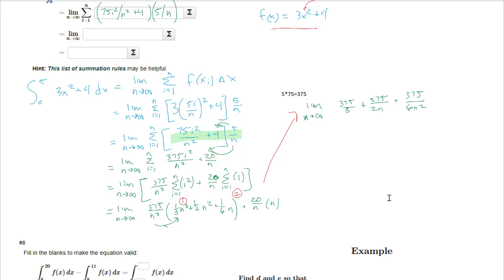And what I'm doing here is multiplying this term to each of those 3. And then I have a plus 20 left on the outside. Okay, and so this is my answer for part B, right there. And then part C is going to be 375 over 3 plus 20.